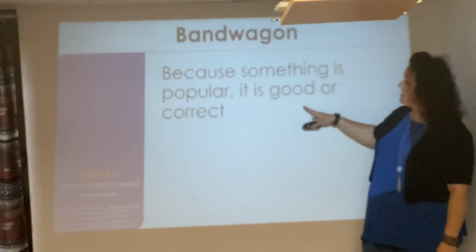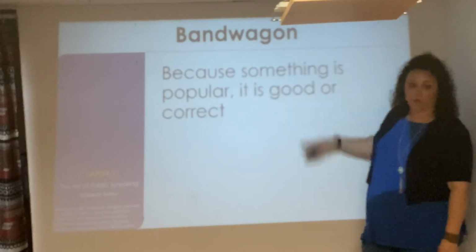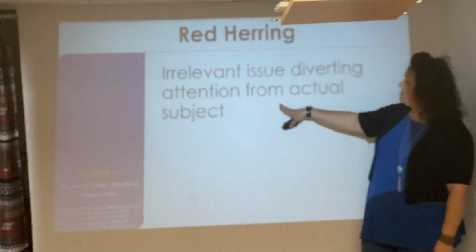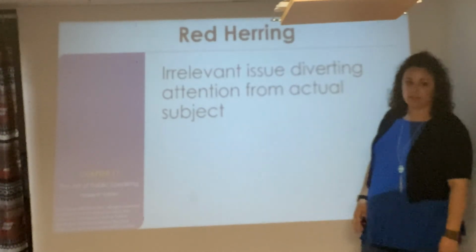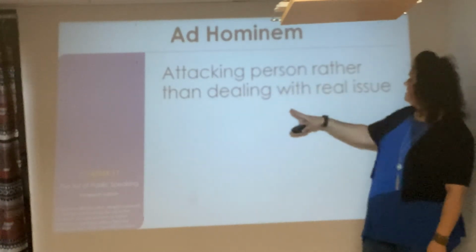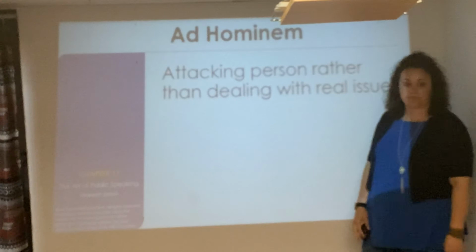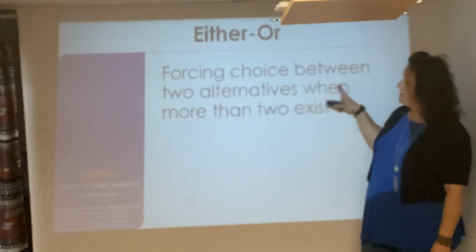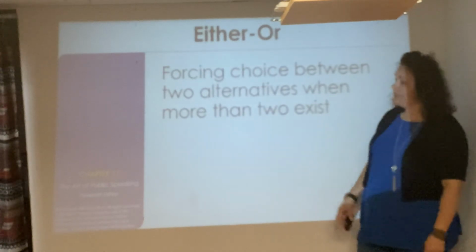Bandwagon, because something is good and popular, it is good or correct. Red herring, irrelevant issue diverting attention from the actual subject. Ad hominem is attacking a person rather than dealing with the real issue. Either or is forcing a choice between two alternatives when more than two exist.